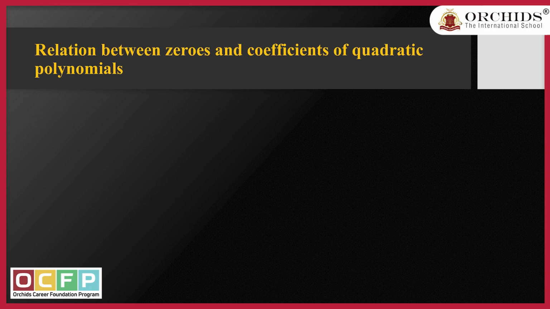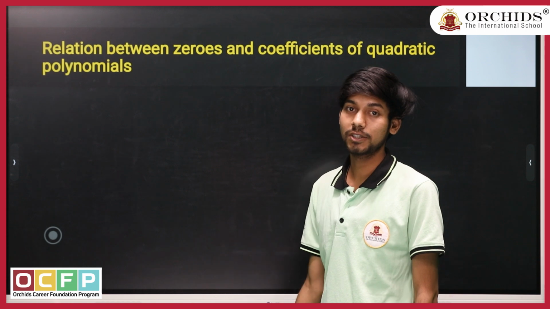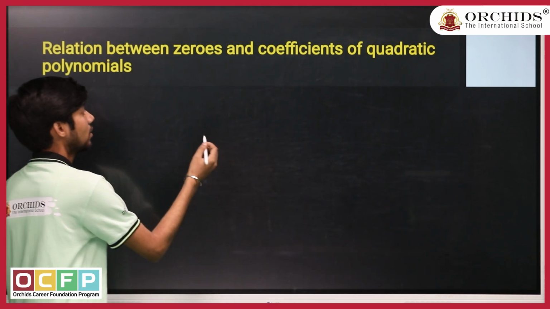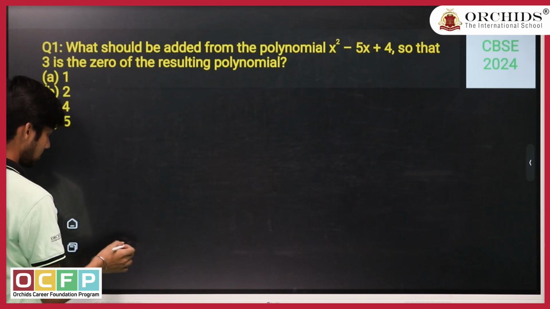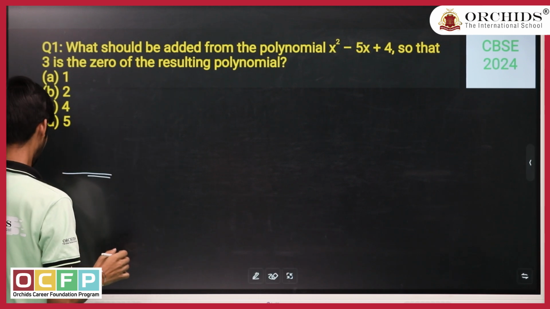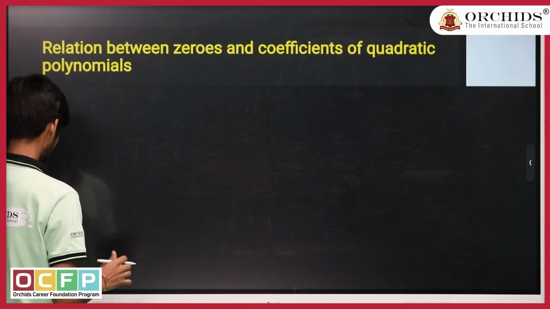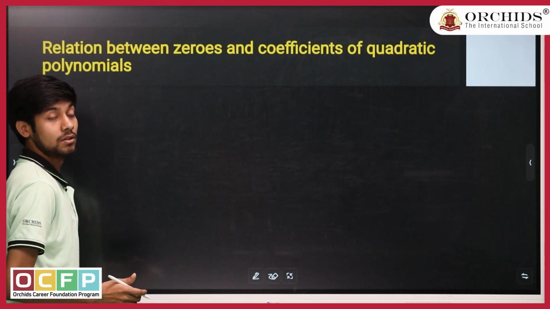So first let's discuss some theory of the relation between zeros of quadratic polynomials and their coefficients. So what do we know about quadratic polynomials?